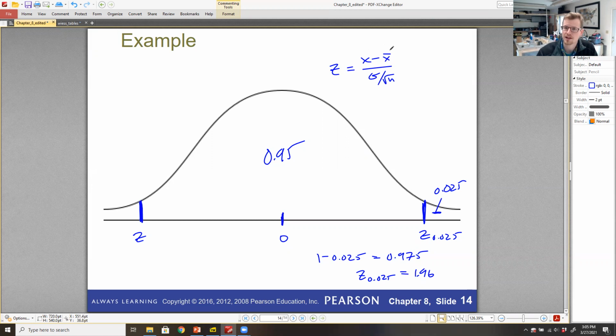So if I wanted to find that x value, that's not so bad. I multiply both sides by the standard deviation, so I get z times the population standard deviation divided by square root n is equal to x minus x bar. And then, of course, add x bar on both sides to get x bar plus z times standard deviation divided by square root n is equal to x.